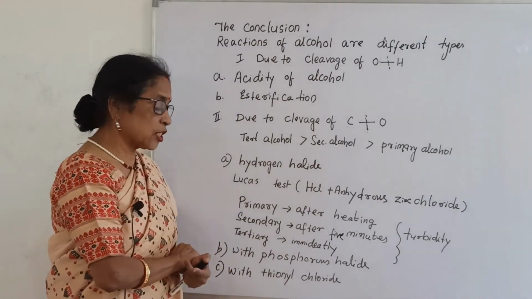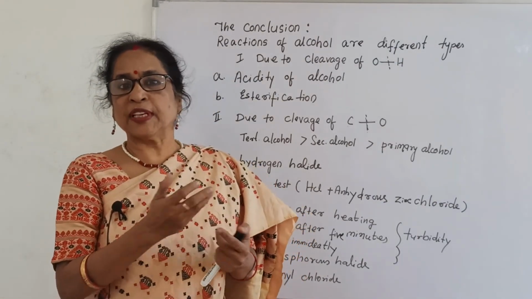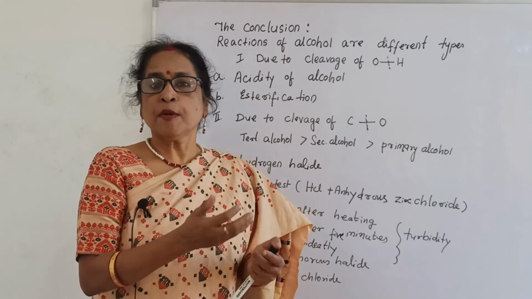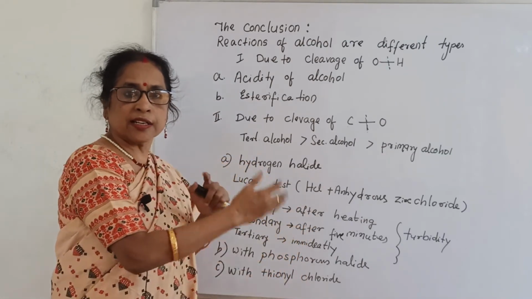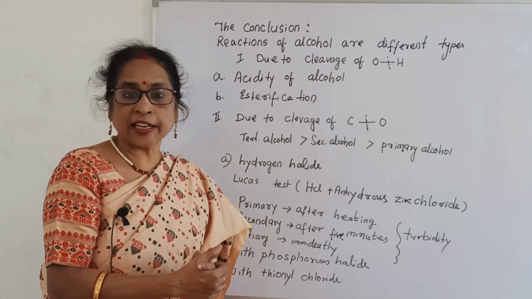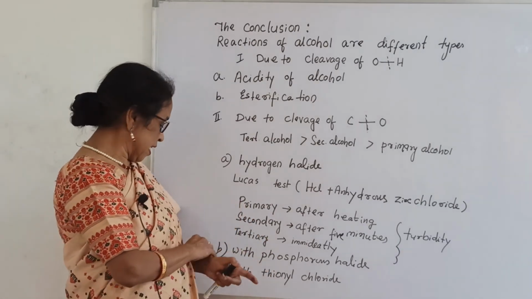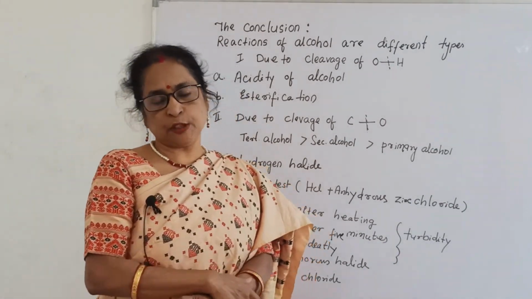Next, come to phosphorus halide. Phosphorus halides like PCl5, PCl3, PI3 are called phosphorus halides. When alcohol reacts with these phosphorus halides, they give the corresponding halide, and that is also very important. Next one, with thionyl chloride, that is not completed in this video.